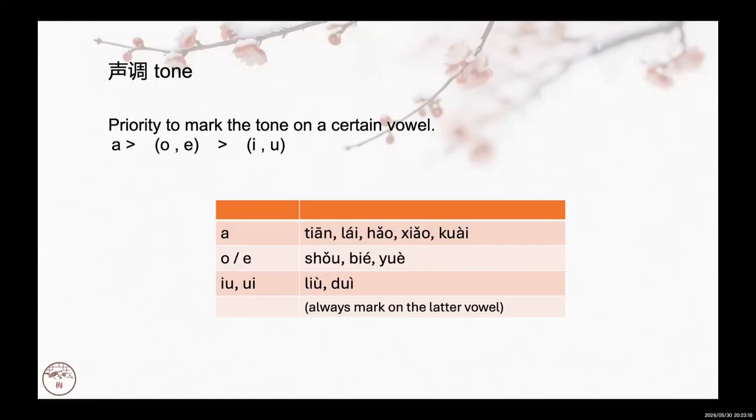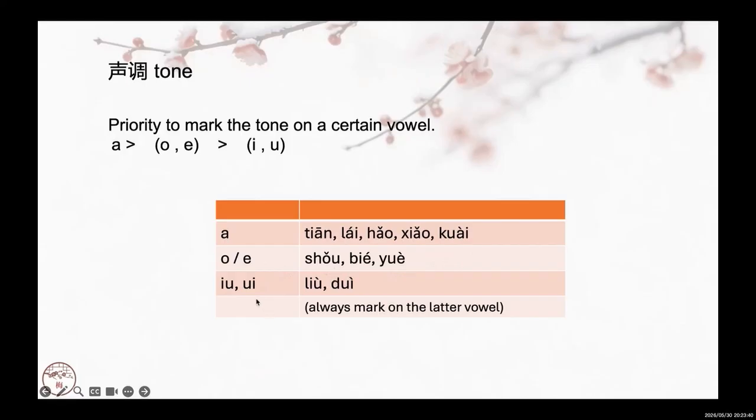In all syllables, either o is there or e is there. There won't be any syllable with both o and e. So if you cannot find a in the syllable and you find o or e, you just mark the tone above them.